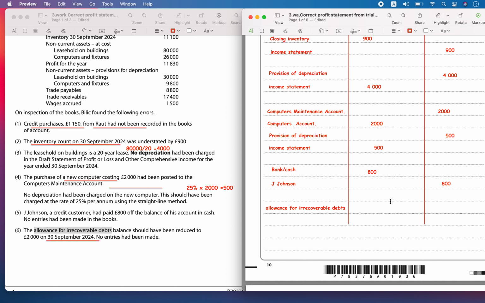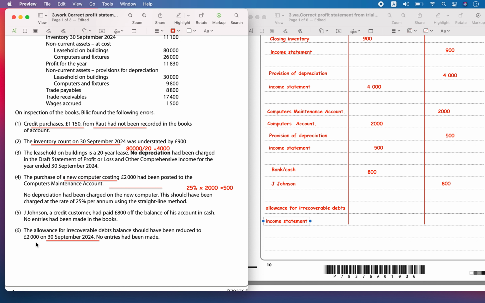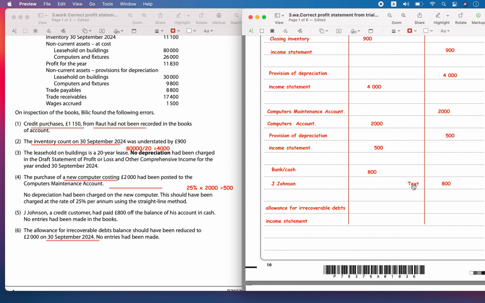Since there is a decrease, it acts as an income rather than an expense, a decrease in expense, which will be indicated on the credit side in the income statement, and in the allowance for irrecoverable debts it will appear on the debit side.